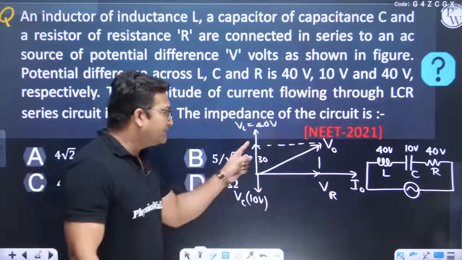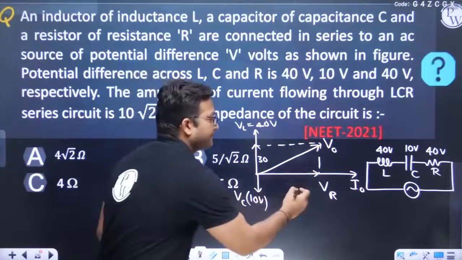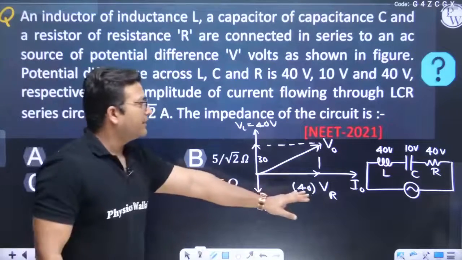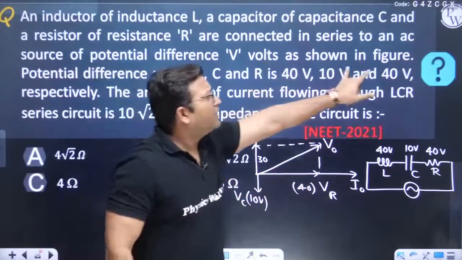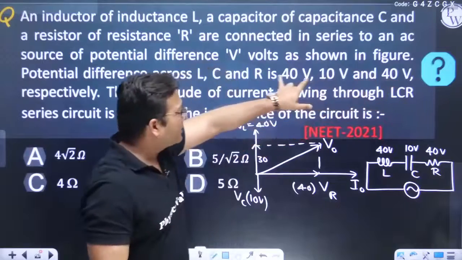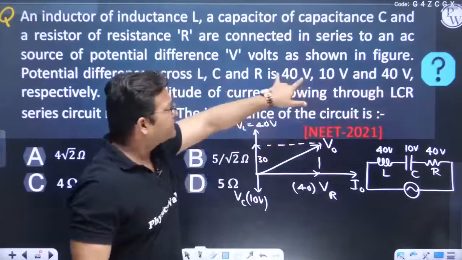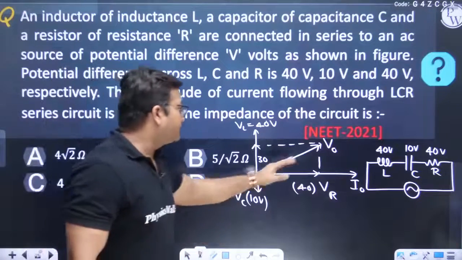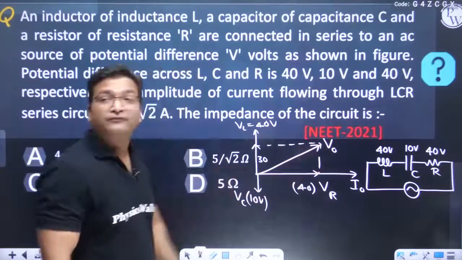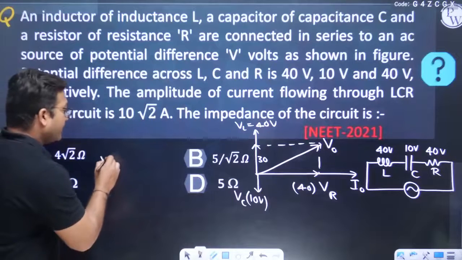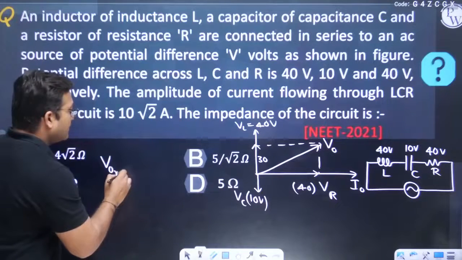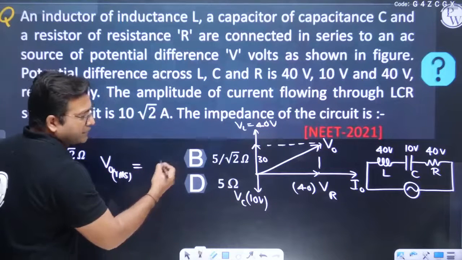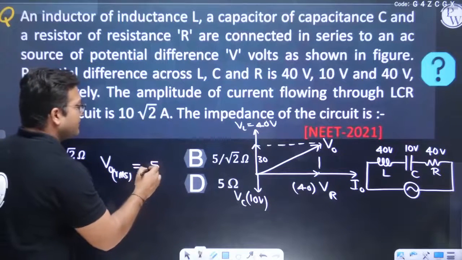This is 30 and this is 40. Remember, these are not peak values. They are effective values, meaning RMS values. So this resultant will give you the RMS value for V naught. So we can write V naught RMS is equal to the square root of 30 square plus 40 square, that is 50.